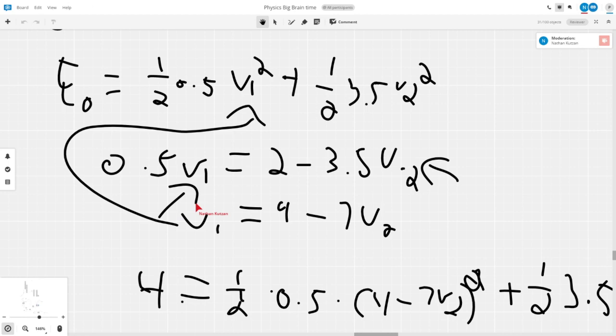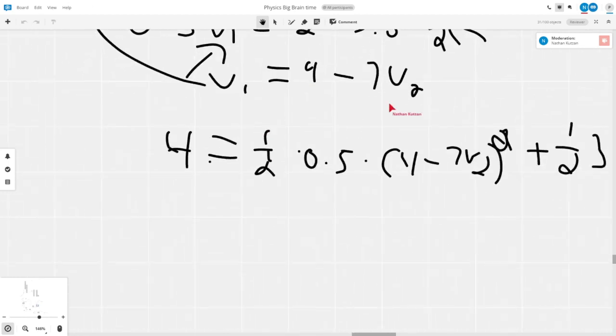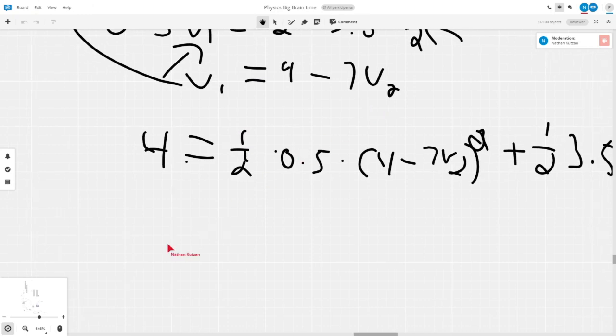Okay. So this is going to simplify to 4 is equal to 0.25 times (4 minus 7v2) squared.